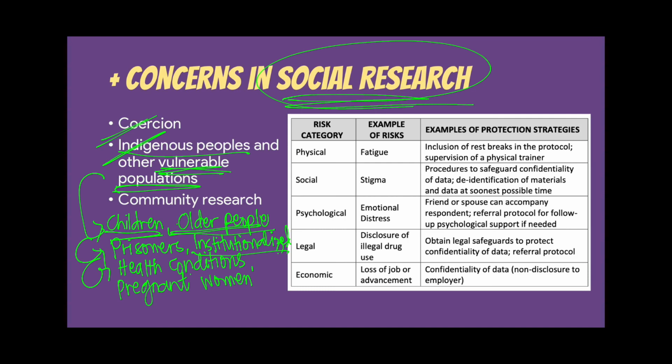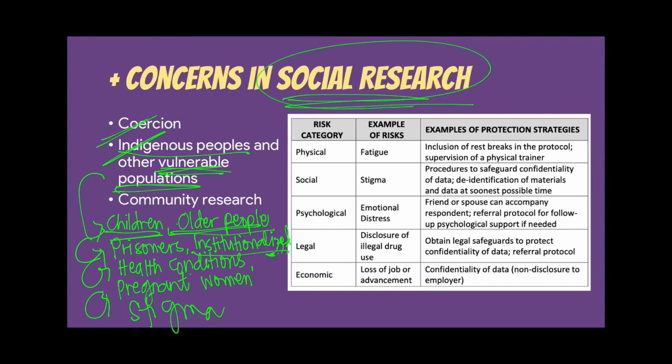If this is a psychological concern, then psychological care must be available for the participant. Next is, of course, pregnant women, because you only include pregnant women in the research if it's about pregnancy. If it's not about pregnancy, you don't include them because their condition is more sensitive compared to non-pregnant counterparts.